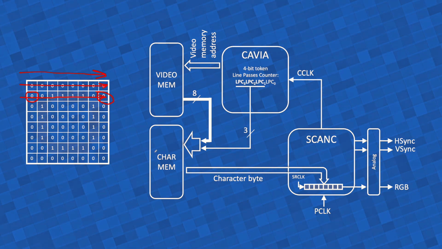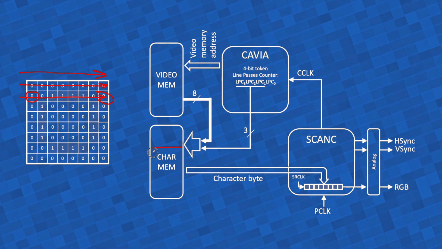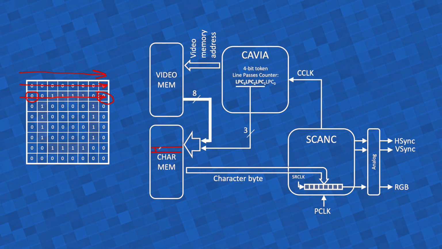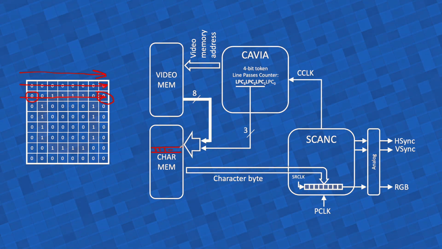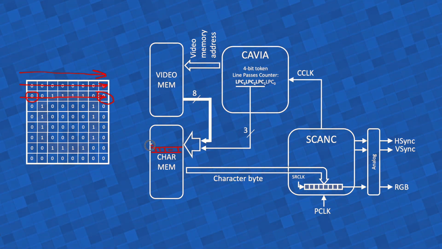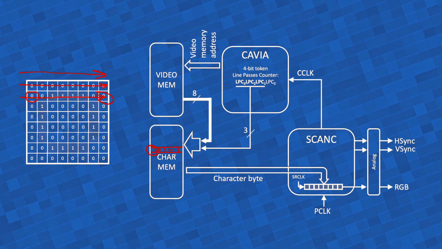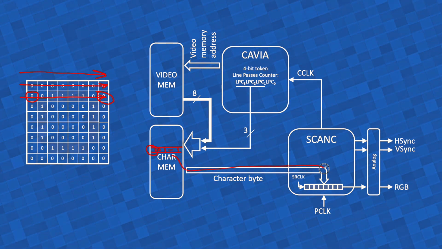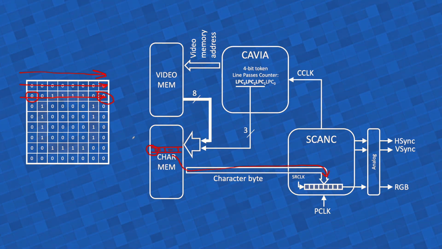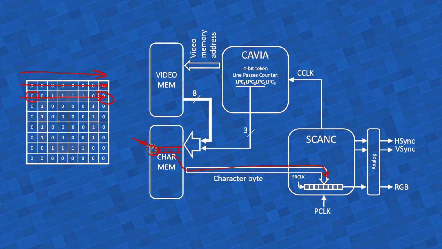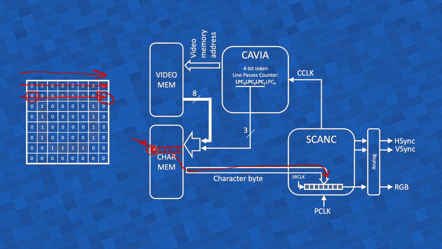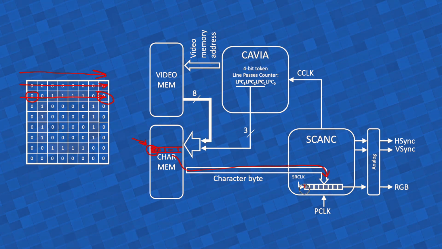But look at what we are doing. Here there is a byte in the character memory, with the 8 bits, and the most significant bit is this one here. But when this byte is loaded into the shift register, the most significant bit, this little guy here, will end up here.